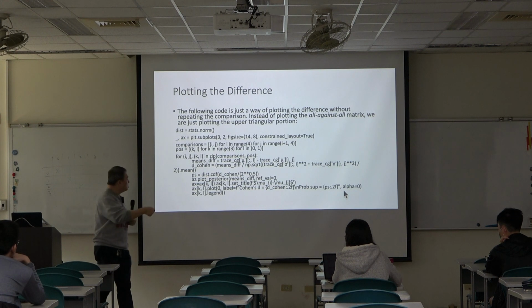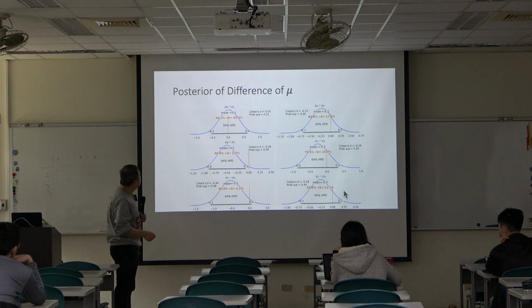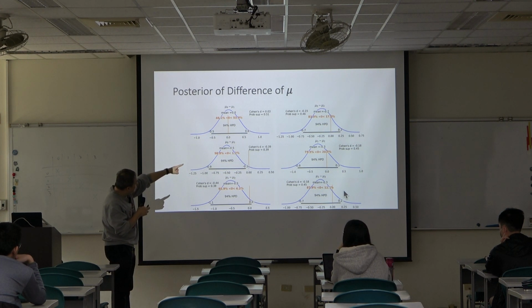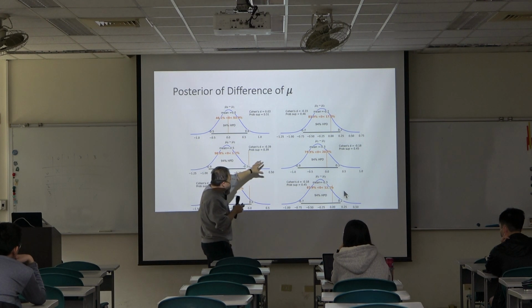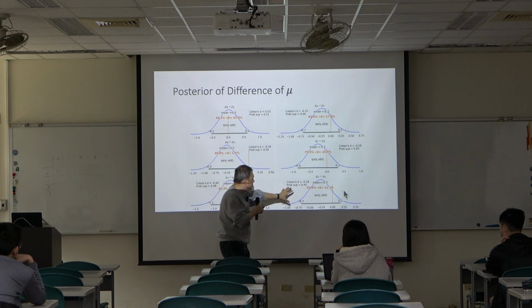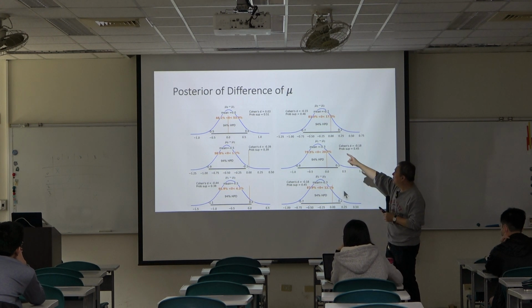So this piece of code, just do this. I will not go into the detail line by line, but the result is something like this. The first one is mu0 minus mu1. The second one is mu0 minus mu2. The third one is mu0 minus mu3. And then mu1 minus mu2, mu1 minus mu3, and then mu2 minus mu3. So we have 6.